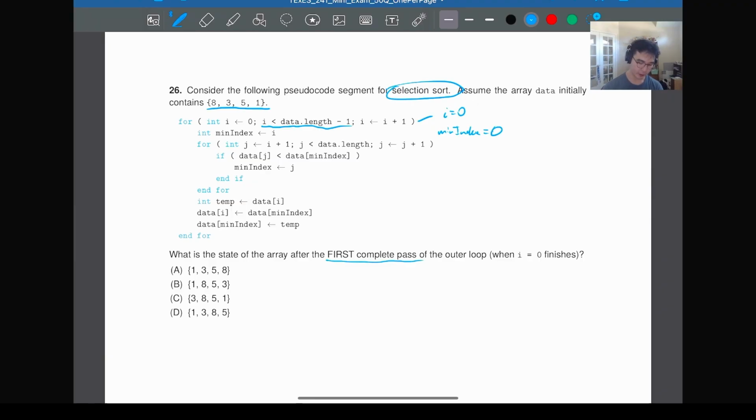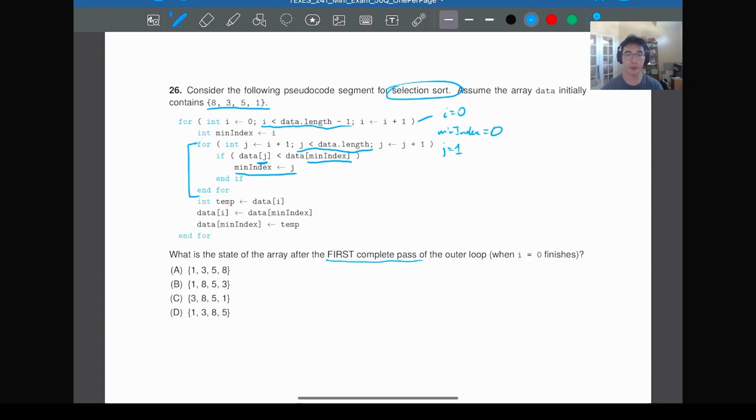Now, what is this inner loop doing right here? Well, let's take a look. It first sets j to i plus 1, which is 1. And then it goes through the entire length of the array. And it's checking, is this value right here less than that value right there? If it is, then it sets min index to a new value.